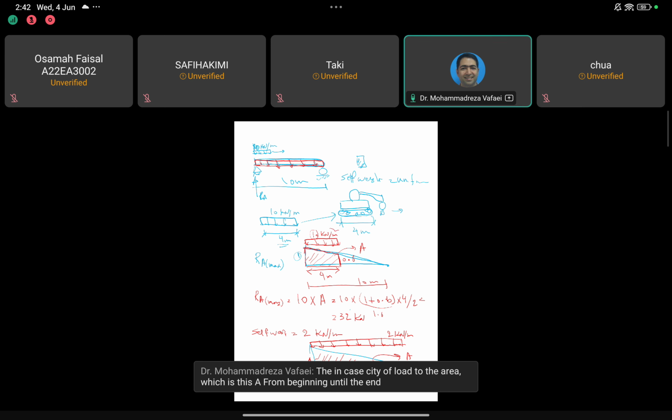So it's going to be 2 multiplied by A, and that equals 2 multiplied by 10, which is the length of this triangle, multiplied by its height, which is 1, and divided by 2. So 20 divided by 2 is 10 kilonewton. So that means under the self-weight, the reaction that is generated here is around 10.